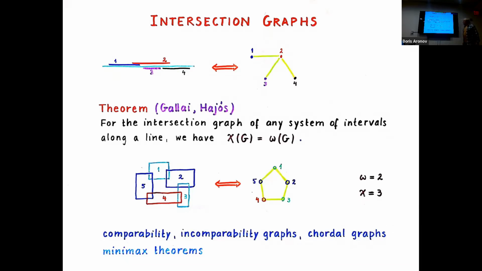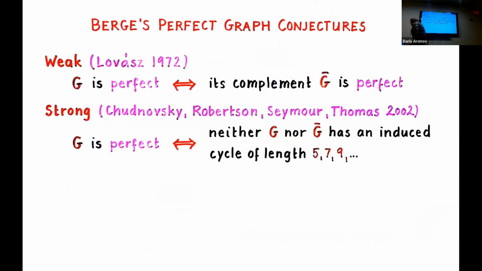These are minimax theorems, because the chromatic number is the minimum number of colors, and the clique number is the maximum size of a clique. And there are many such theorems in which the minimum of something happens to be the maximum of something. Okay.